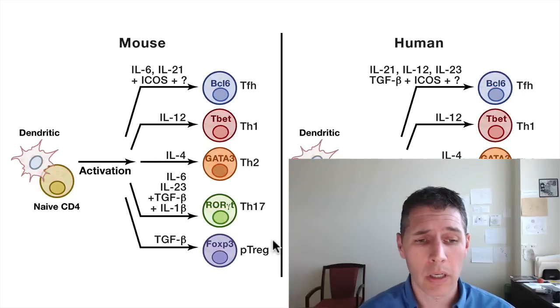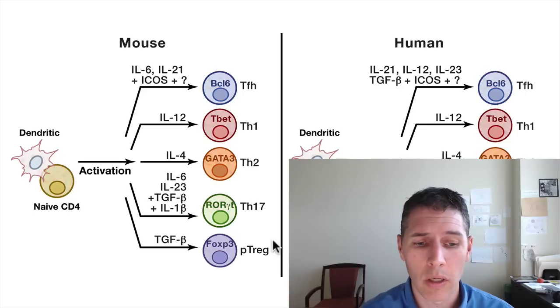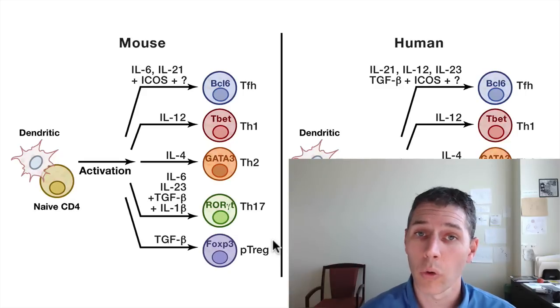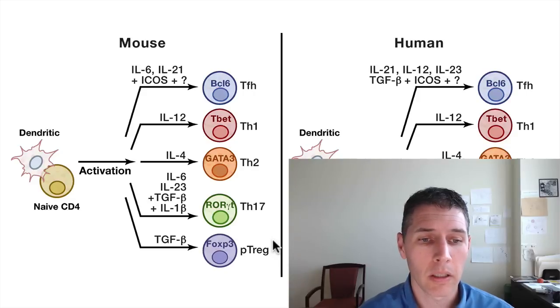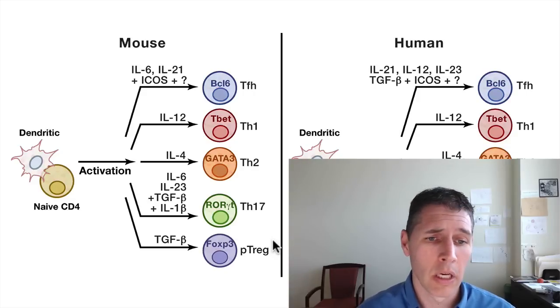There's no single visualization that can accurately capture CD4 T cell heterogeneity in biology. This is certainly a useful schematic, but one area in which it falls short is in considering aspects of class switch recombination, for instance.